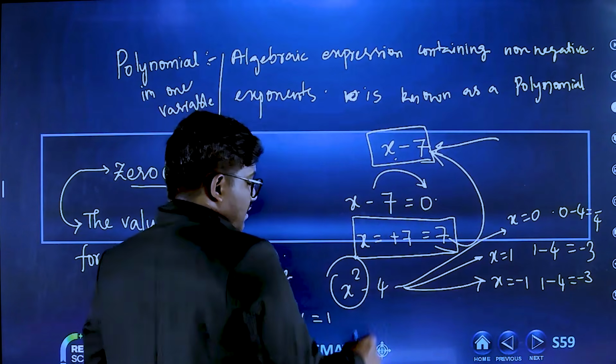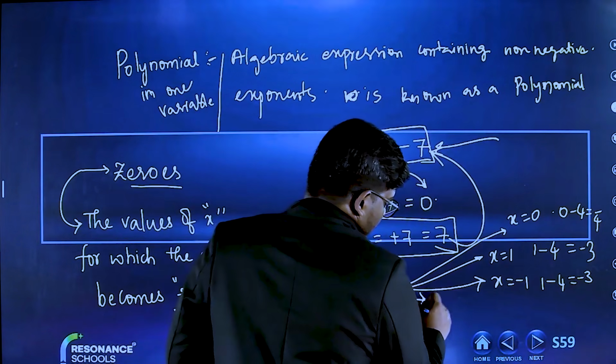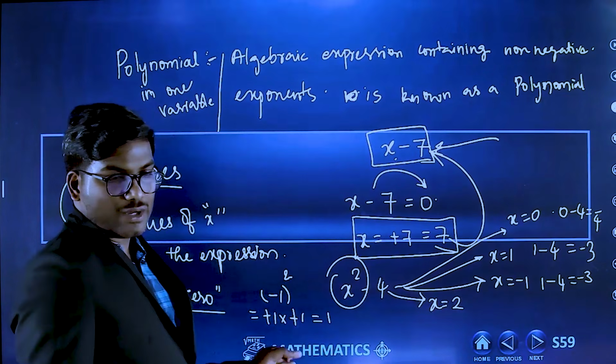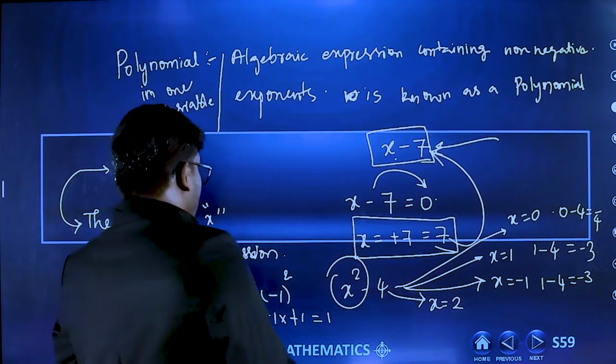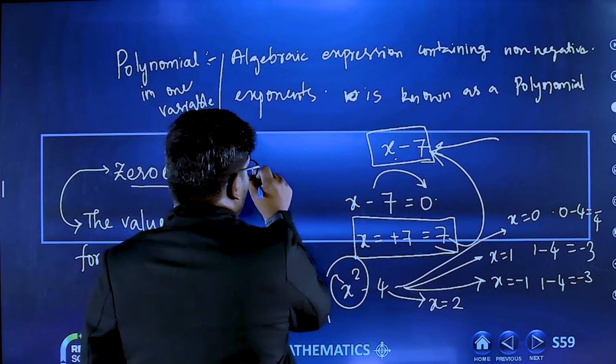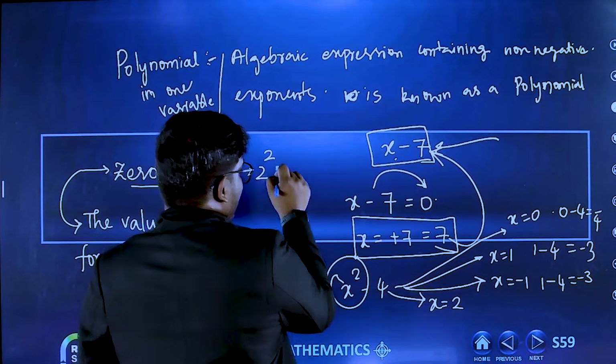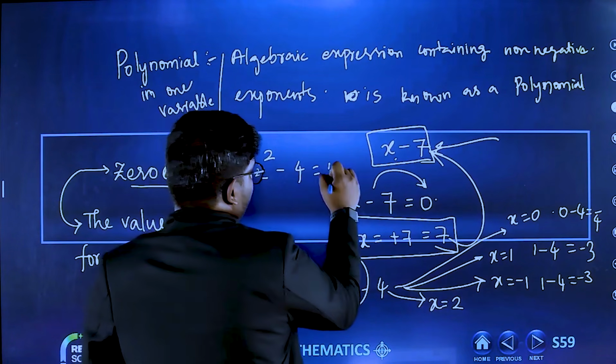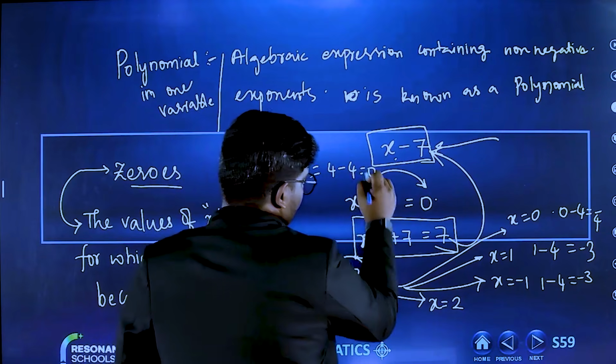Apart from this, for x equal to 2, this becomes 2 square minus 4. 2 square is 2 times 2, which is 4. So 4 minus 4 becomes 0.